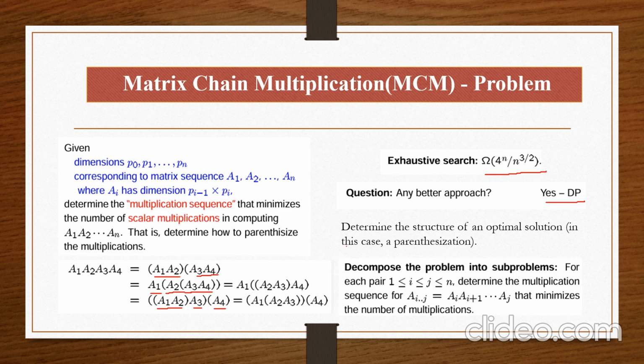In dynamic programming, we are going to determine the structure of an optimal solution, that is parenthesization in our case. We will decompose the problem into smaller sub-problems, and then we will use the results of these sub-problems in calculation of the solution to the main problem.